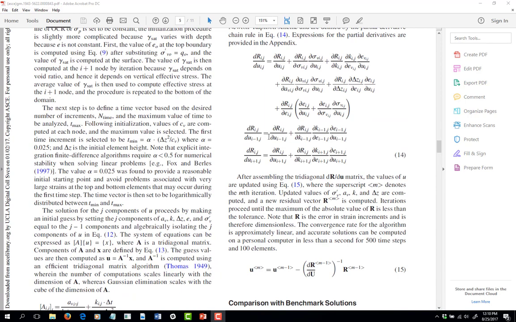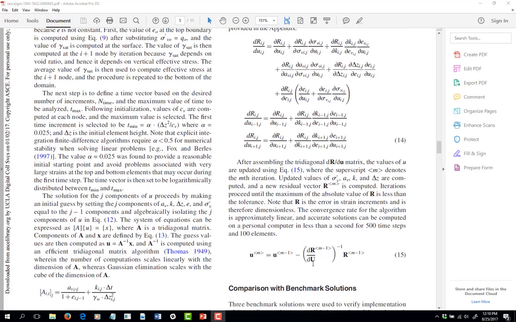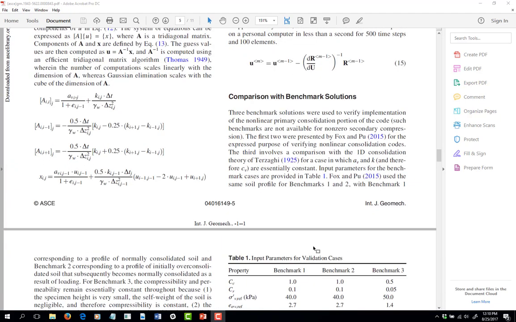I'm using a Newton-Raphson iteration scheme, so we have to compute the derivative of the residual with respect to the pore pressure at current depth and time, and then the pore pressure above and below that depth and time as well. So this is just partial derivative expansion to come up with the updated guess of pore pressure using the Newton-Raphson scheme, which is performed here using equation number 15.